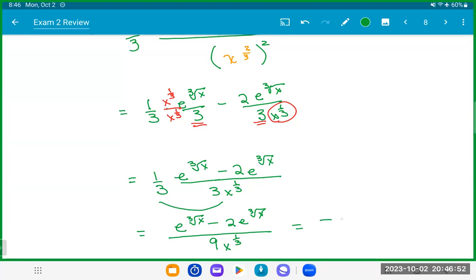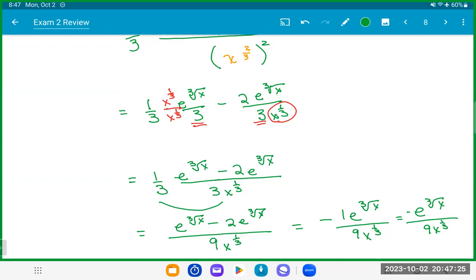So we would be left with negative e to the cubed root of x over 9 times x to the 1/3. Sorry. Okay.